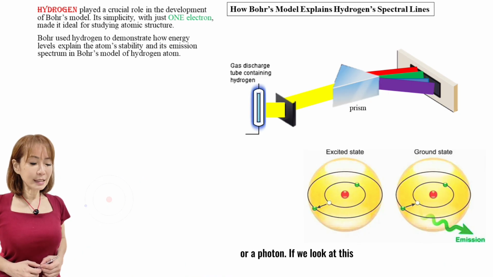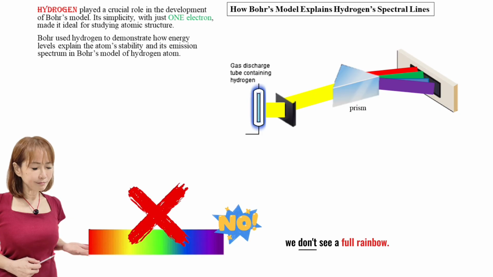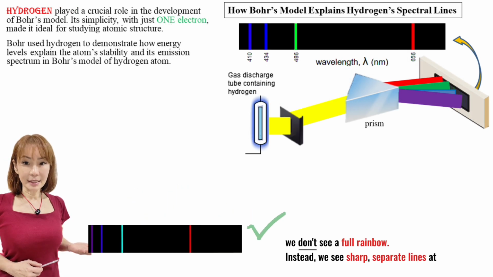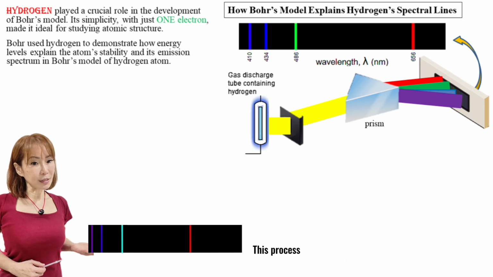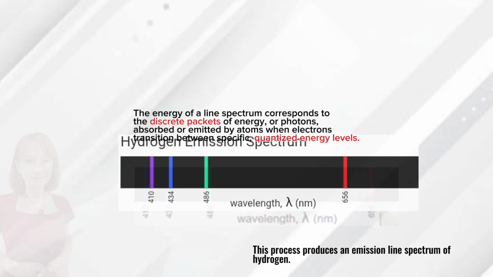If you look at this light using a spectroscope, we don't see a full rainbow. Instead, we see sharp, separate lines at different wavelengths. This process produces an emission light spectrum of hydrogen.